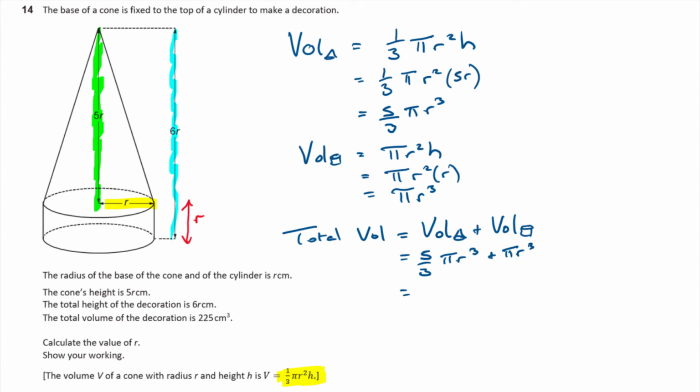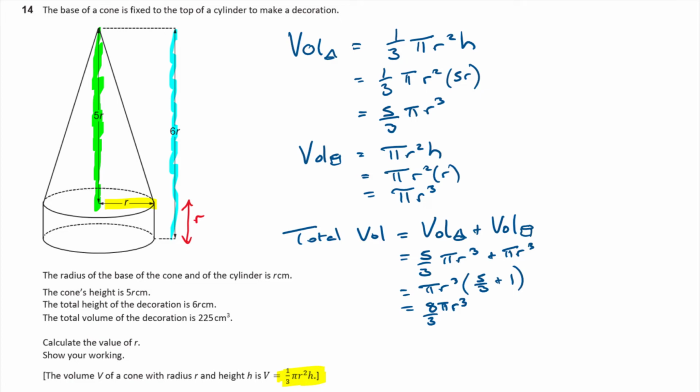So I can add the 5/3 and the 1 together. Or you can think about factorizing out, I suppose that might be easier for you to see. If I factorize pi r cubed out, it leaves me 5/3 plus 1, doesn't it? So what's 5/3 plus 1? 1 is 3/3, so 5/3 plus 3/3 is 8/3. So that is 8 over 3 pi r cubed then, isn't it? Okay, so that's the total volume.